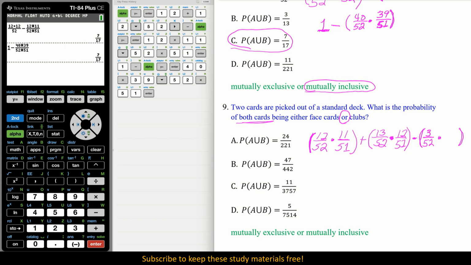Now, if we think of clubs, what is the repetition? Well, there's 3, it's still 3, but we're not replacing. So that means we're down 2 on the numerator, and 51 on the denominator. And that's the minus.